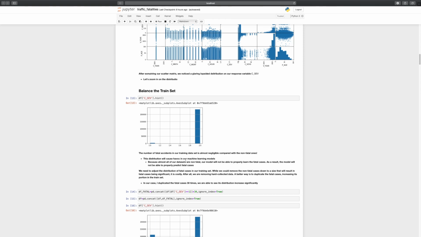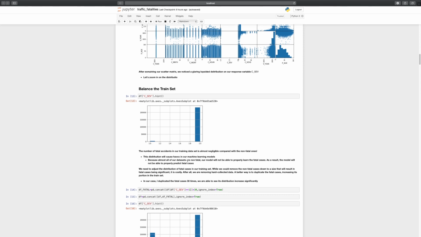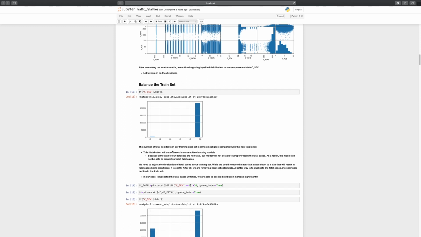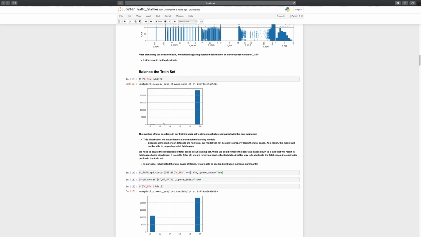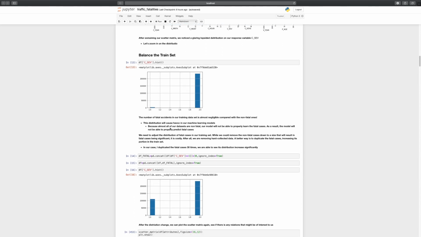Well, this distribution will cause havoc in our machine learning models. What do I mean by that? Because almost all of our data is non-fatal, our model will not be able to properly learn the fatal cases. As a result, our model will not be able to properly predict fatal cases. What we can do is adjust the distribution. So what can we do to adjust our distribution?